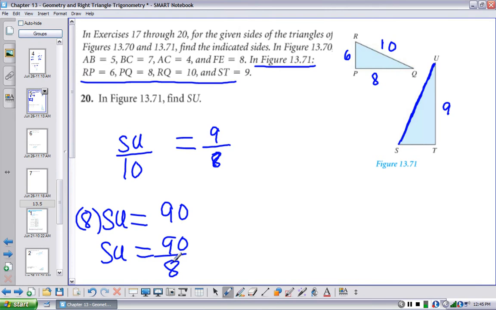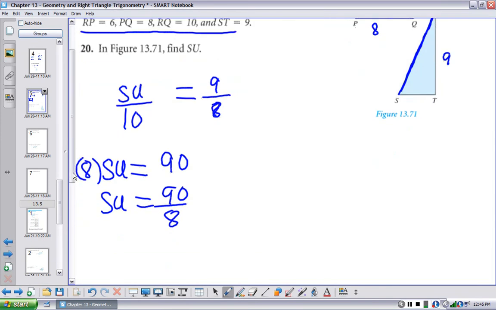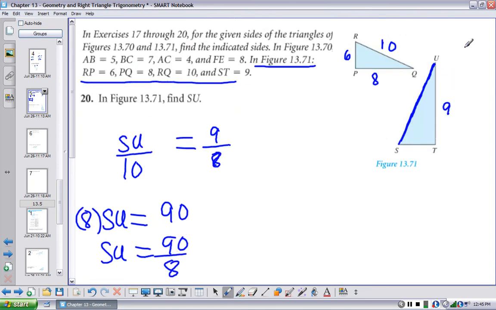This one does not work out perfectly to a whole number. You can get a decimal approximation for that, but that's what SU is. SU is the long side over the long side, the straight edge over the straight edge.